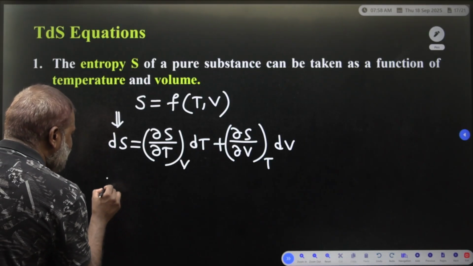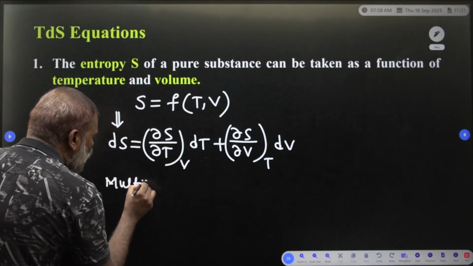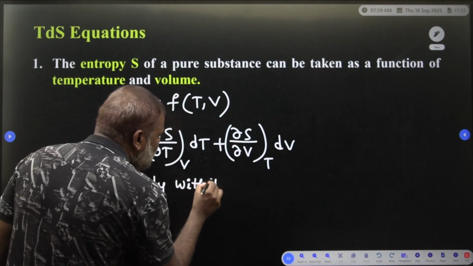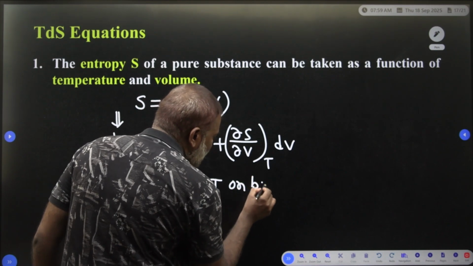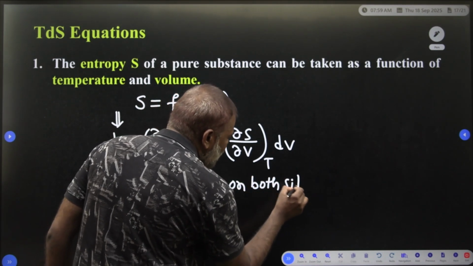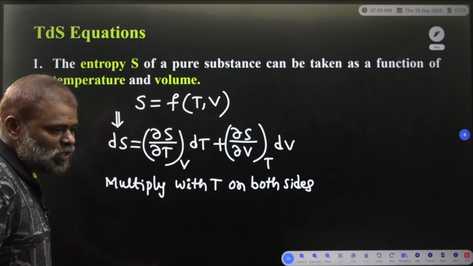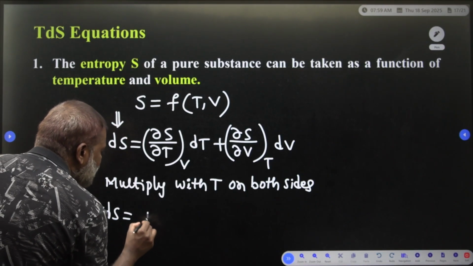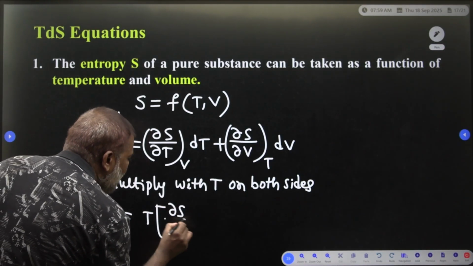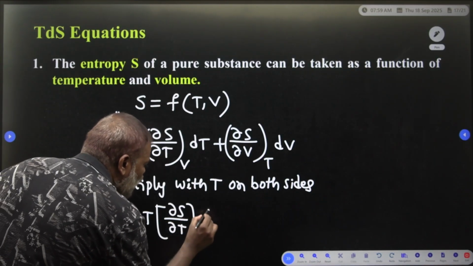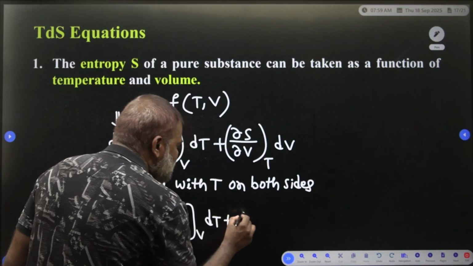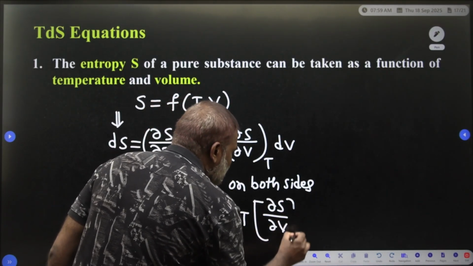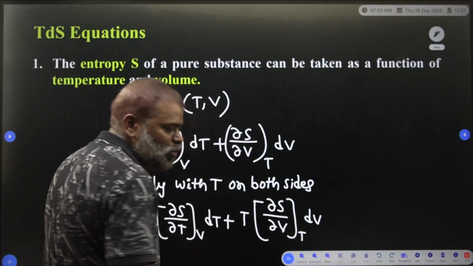Now multiply with T on both sides. So T into dS is equal to T into dou S by dou T at a constant volume into dT plus T into dou S by dou V at a constant temperature into dV.